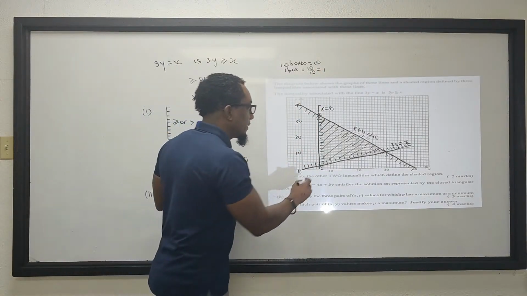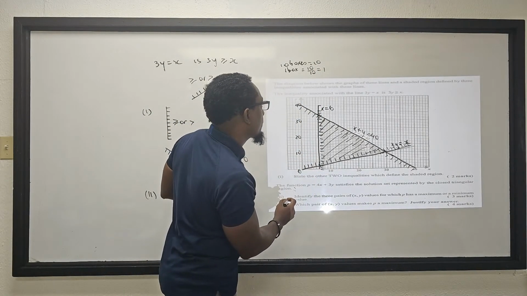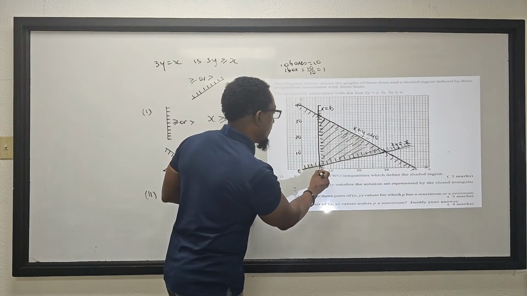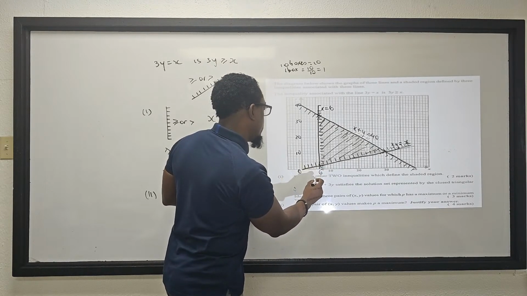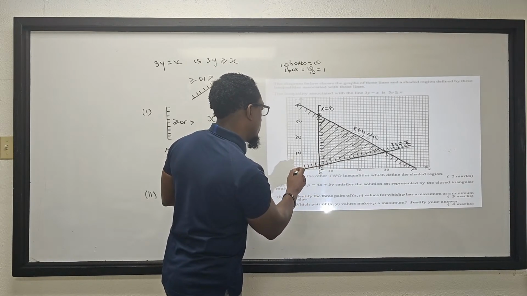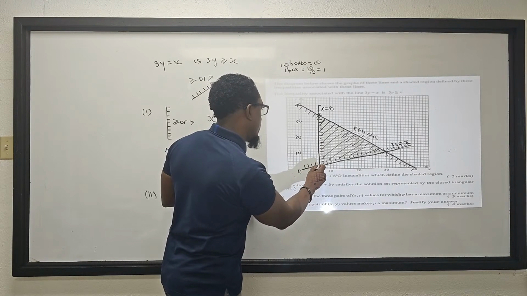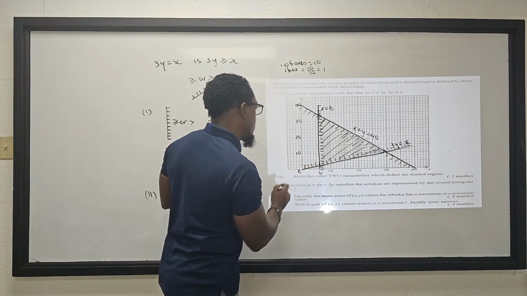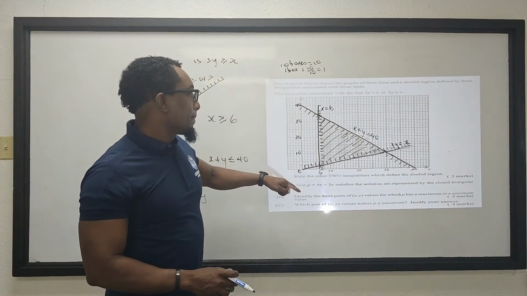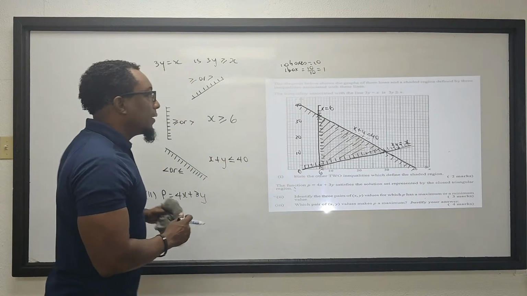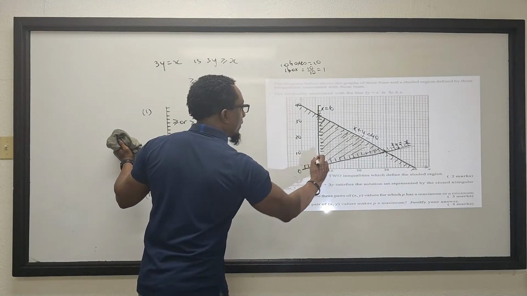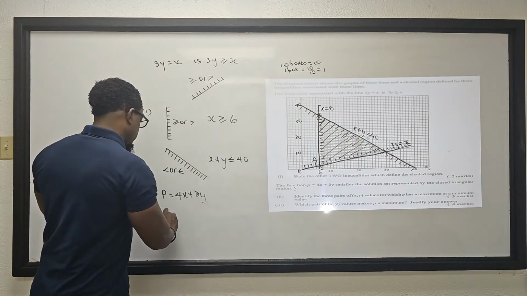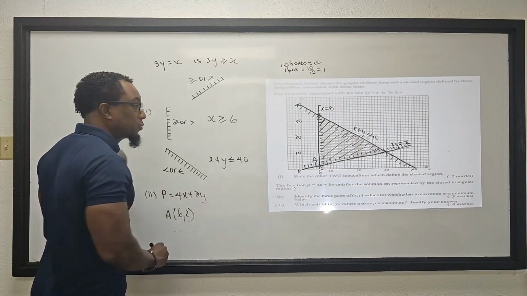So you know that this will be 6. So looking at 6, this is like 6, 2. Yeah? So I'll call this point A, whose coordinates will be 6, 2.